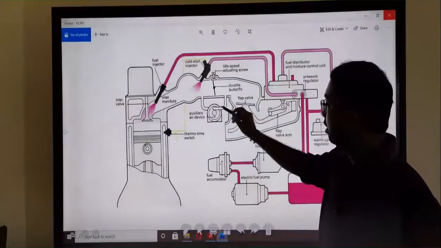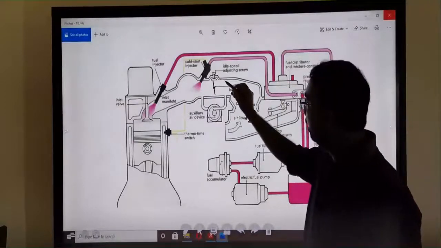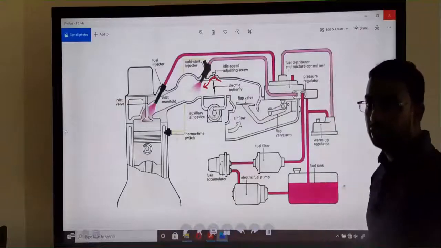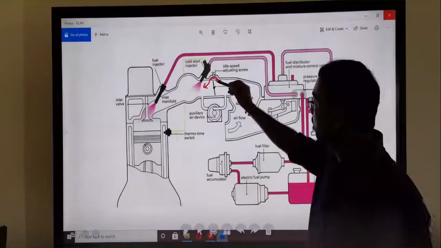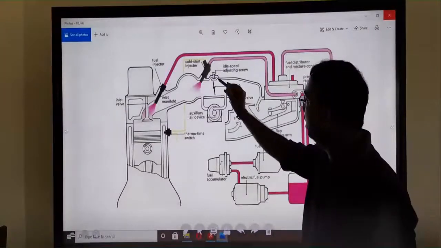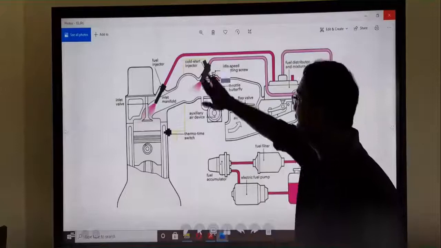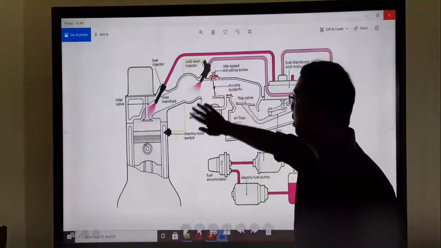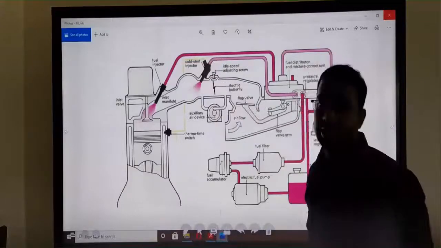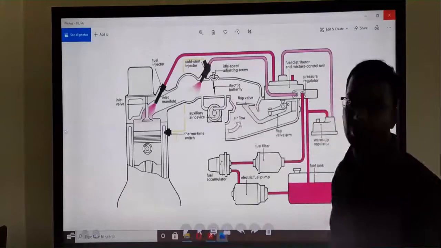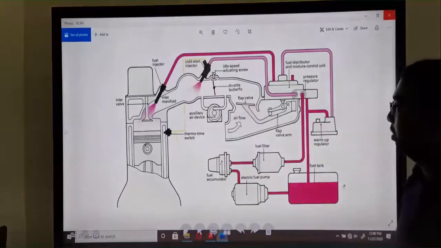You can see this is the idle line. When the engine is working in idle condition, the throttle body is fully closed. At that time there is a small path here. When this screw is tightened, the path is small, and air comes through this idle path. It is a bypass line, the idle line. So we can adjust this idle screw, and according to that we can change the airflow.